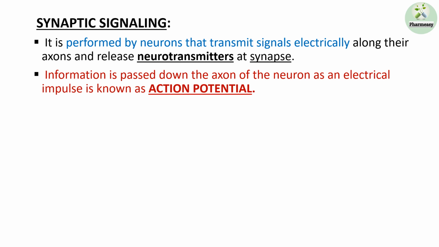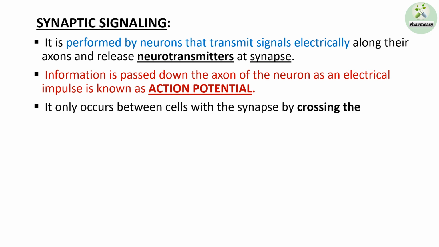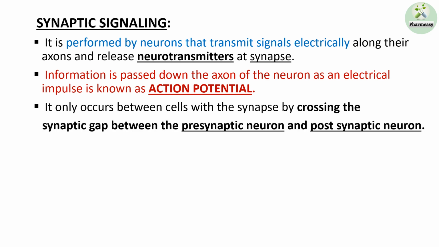Information is passed down the axon of the neuron as an electrical impulse is known as action potential. It only occurs between cells with the synapse by crossing the synaptic gap between the presynaptic neuron and postsynaptic neuron.